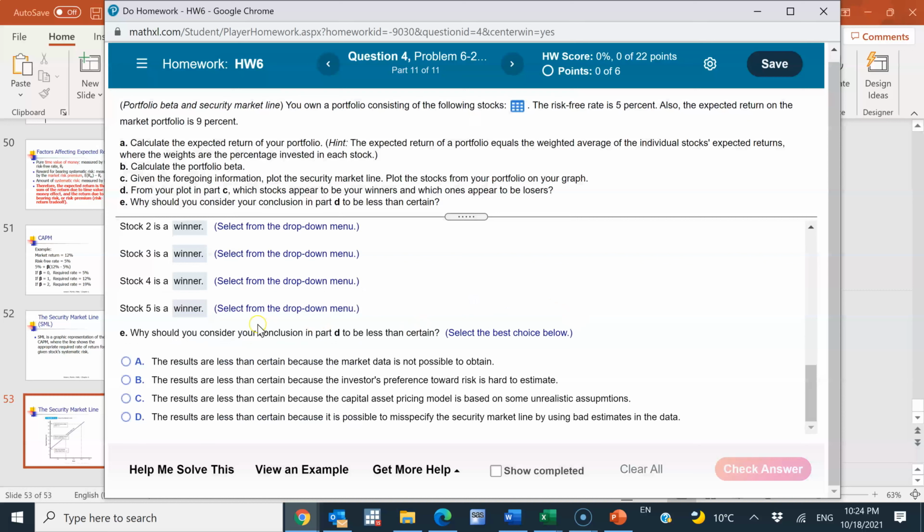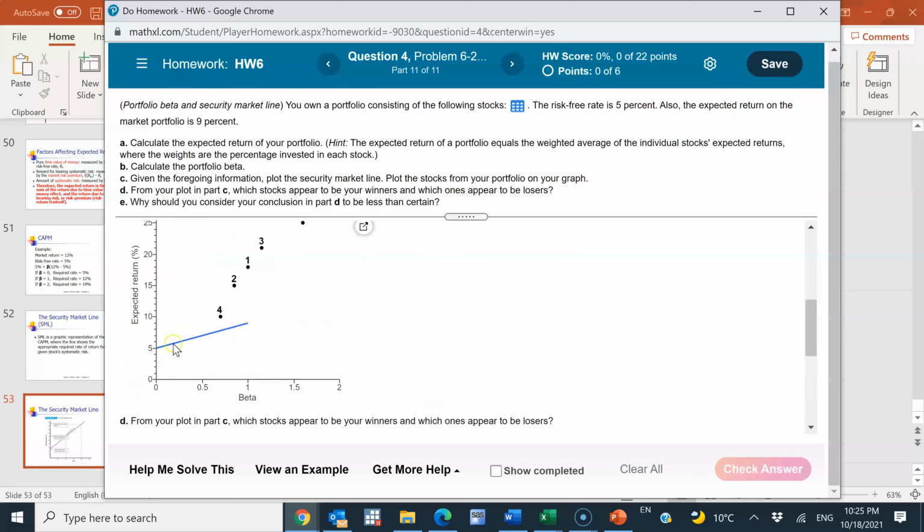But then the final part of this question is asking, why should you consider your conclusion in part D to be less than certain? We have analyzed this problem by saying that every stock is a winner, but the conclusion is based on the position of this security market line. But notice that the position of the security market line is determined by these 2 points, the risk-free rate and expected return on the market portfolio.